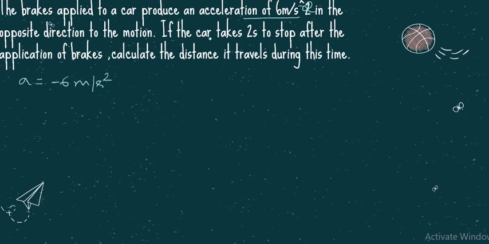If the car takes 2 seconds to stop, it means initially it has some velocity and finally the velocity will be 0 and the time taken will be 2 seconds. They have asked us to calculate the distance it travels during this time. I need to find the distance.